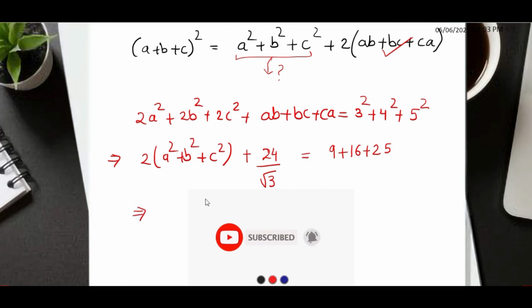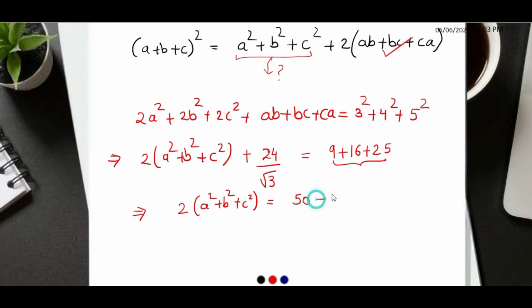This implies 2 times a square plus b square plus c square equals 50 minus 24 over root 3, which implies a square plus b square plus c square equals 25 minus 12 over root 3. So now we have a square plus b square plus c square, and ab plus bc plus ca also.